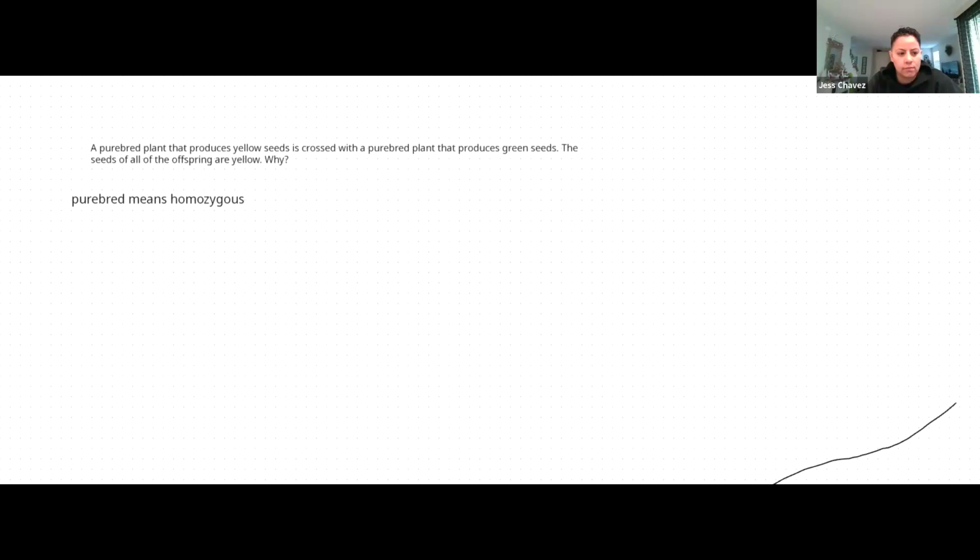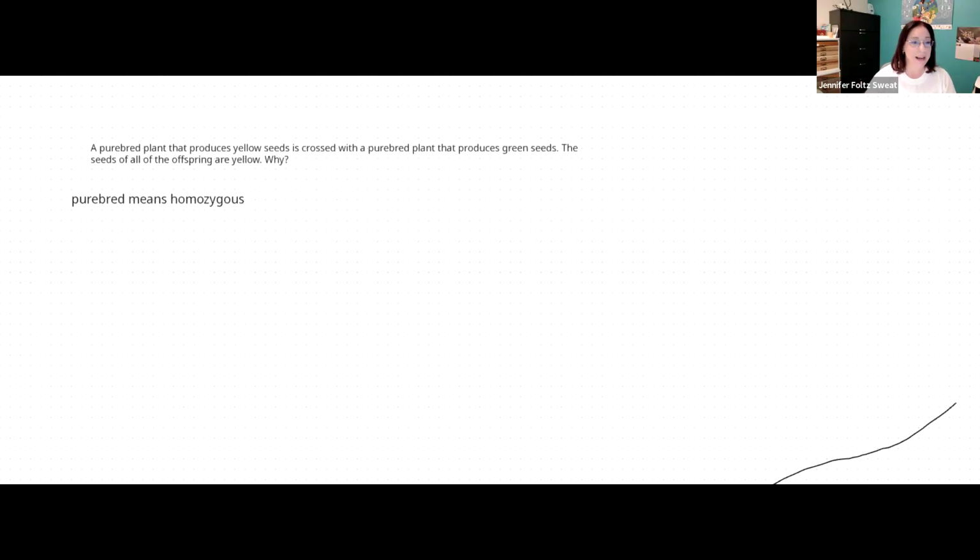Who has an answer? Because the yellow seeds are dominant. Exactly. You said yellow seeds are dominant, and that's good, Jess. And I would also say the yellow allele, right?